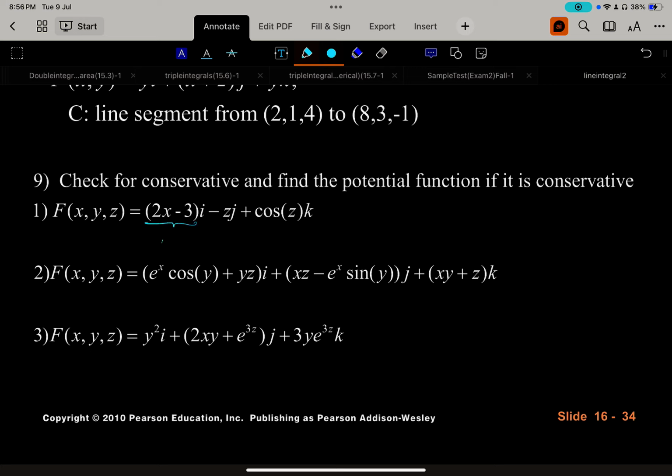So this is M, N, and P. And so let's just do i, j, k.